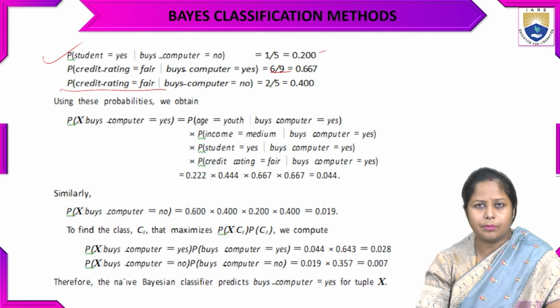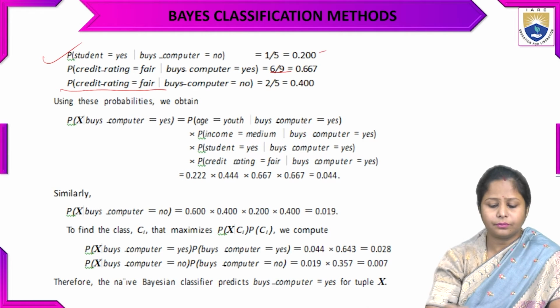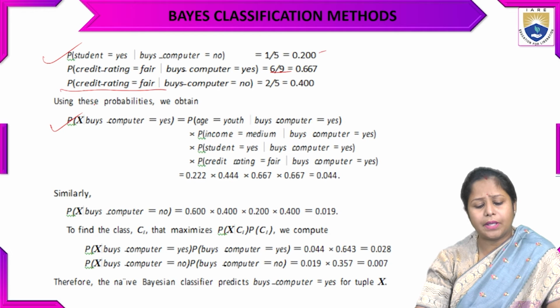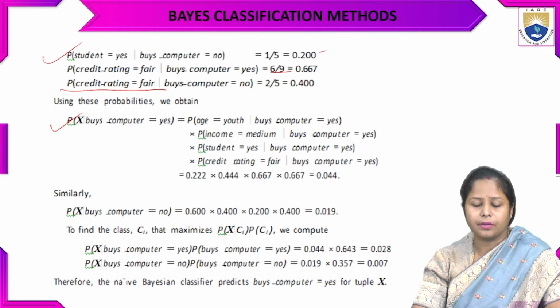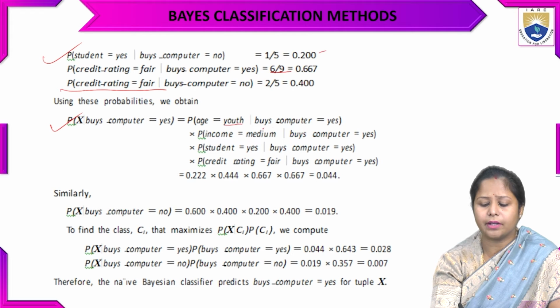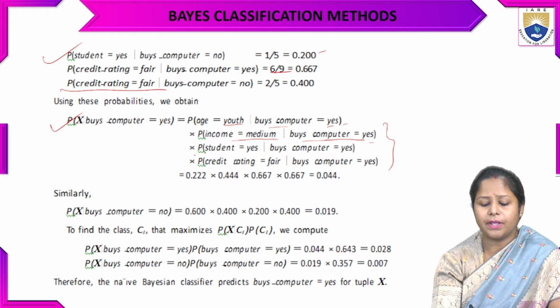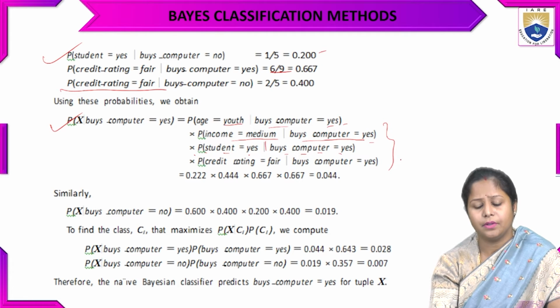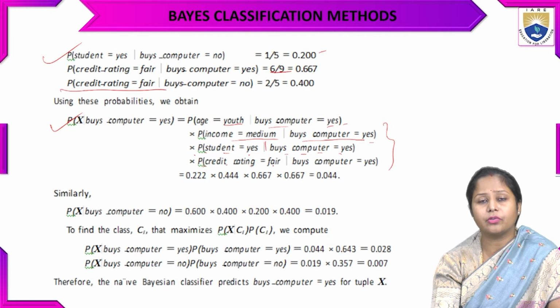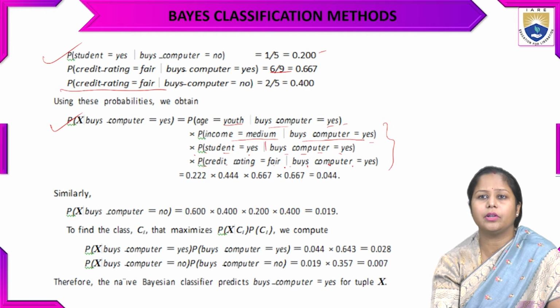So using these probabilities, what will we obtain? P of X given buys computer is equal to yes is equal to P of age is equal to youth given buys computer is equal to yes, into P of income is equal to medium given buys computer is equal to yes, into P of student is equal to yes given buys computer is equal to yes, into P of credit rating is equal to fair given buys computer is equal to yes.